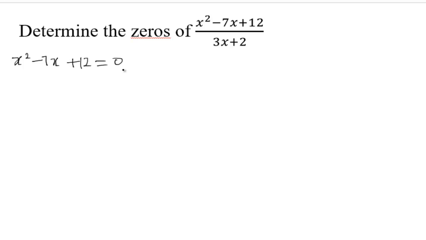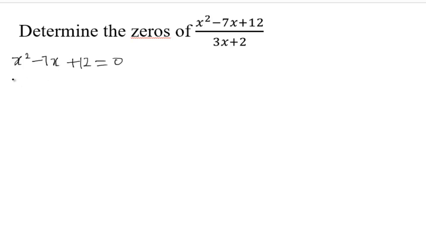Now we find two numbers that, when you multiply, you get 12, but when you add, you get negative 7. The numbers happen to be negative 4 and negative 3. So we use negative 4 and negative 3 to split negative 7, and each of them is multiplied by x.